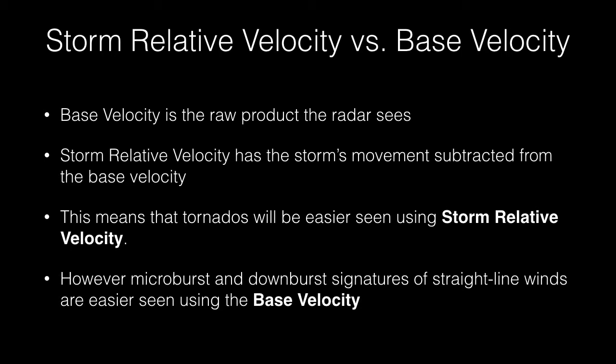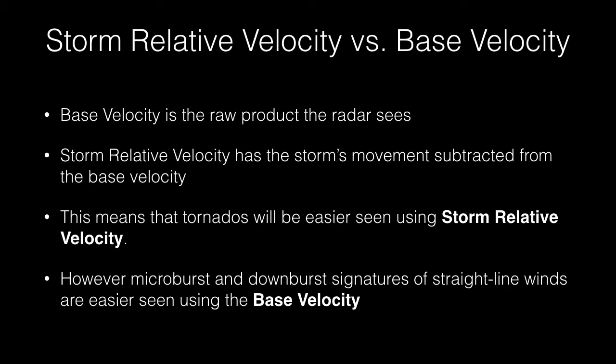You may just see two greens together. Now, base velocity is handy when determining microbursts and downburst signatures, or straight line winds even. Microbursts and downbursts are going to be the divergence we've seen taking place for the most part. And then straight line winds, it will be bright colors there.